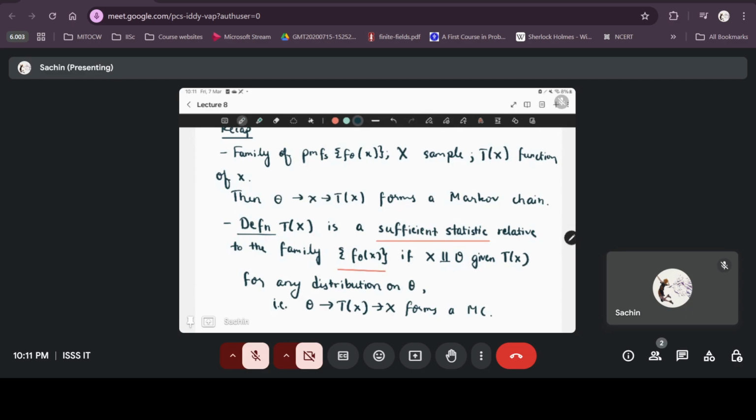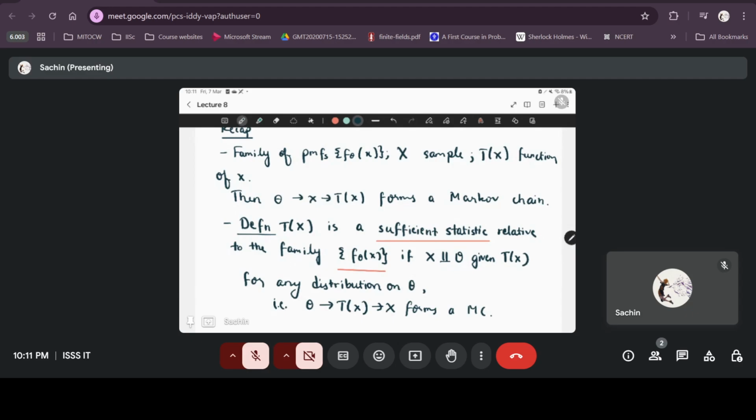From that, you compute some function T of x, and whatever information you get about the distribution theta from T of x is at most equal to the information you get from theta by observing it directly. Sorry, let me say that again.